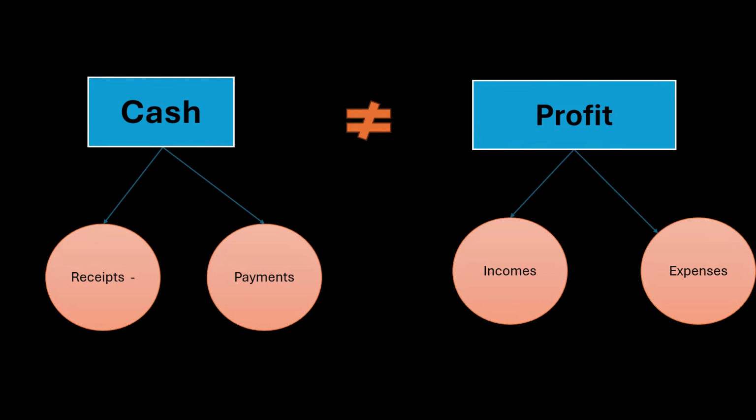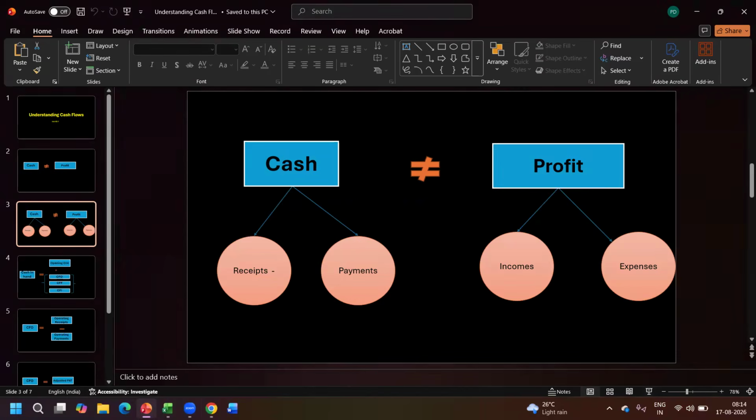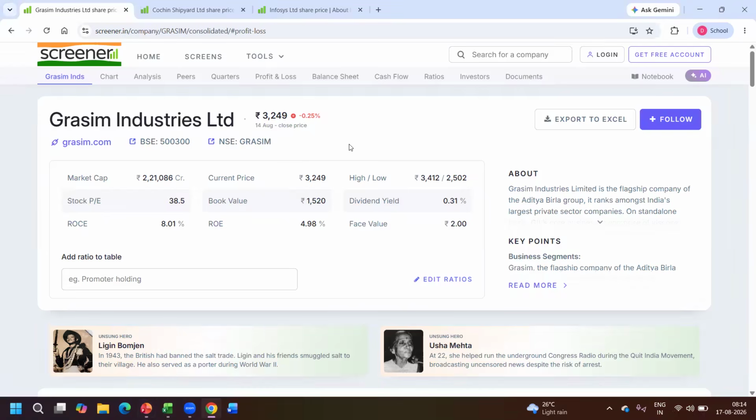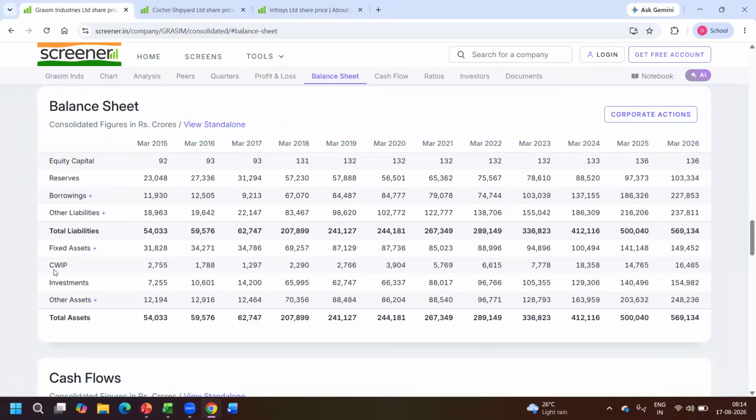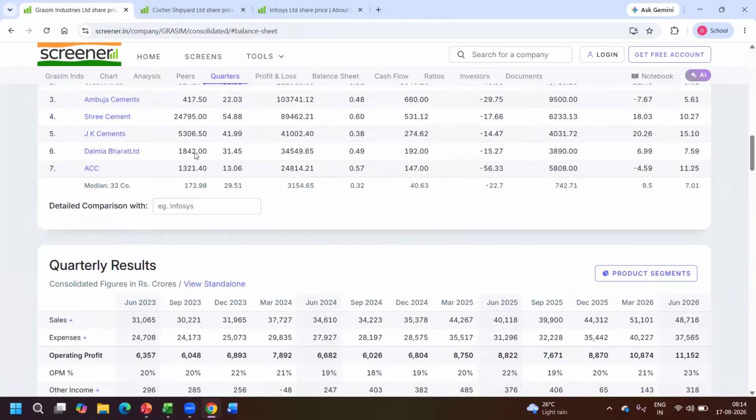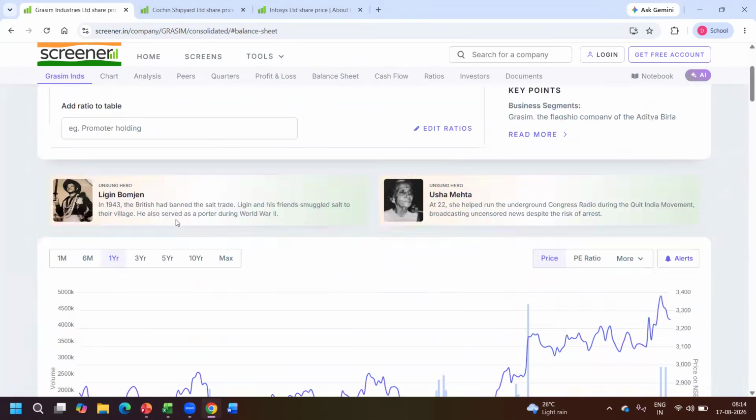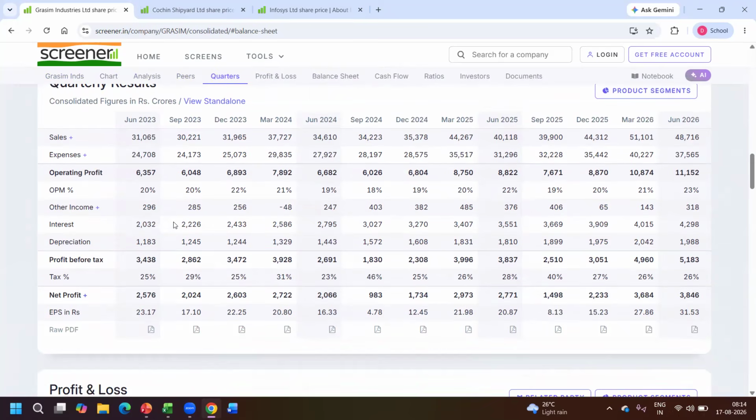For example, we can have a look at the balance sheet of this company, Grasim's. We can see the profit of the company is 3,846 crore in June 26.